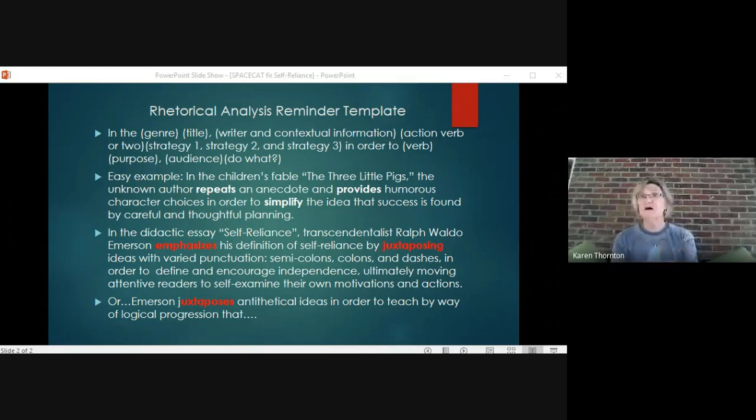Remember, says and does. What does he say and what does he do? Now, it's a possibility that before you start right on into your evidence and your mini statements, you might want to give just a little bit of a summary of what he wrote about. That's a possibility. Or that could have been in your intro.